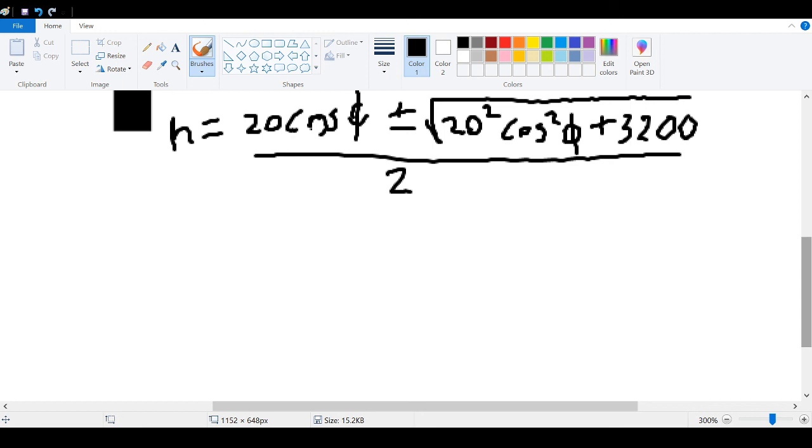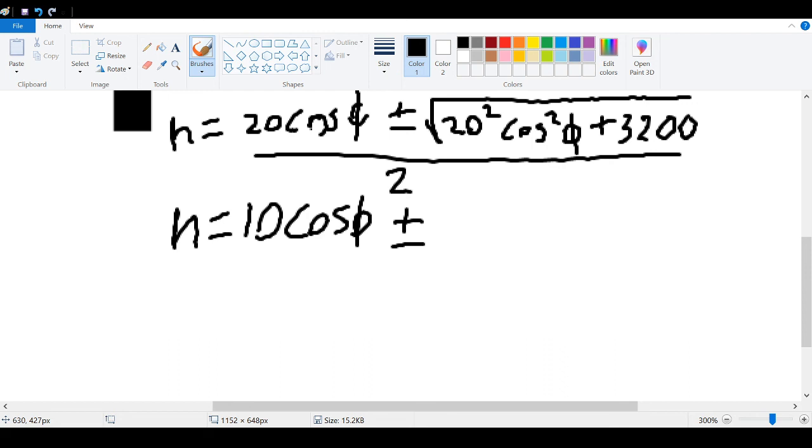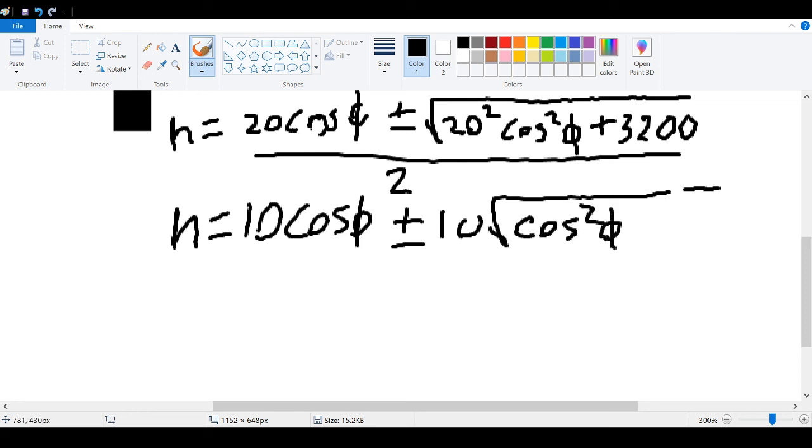Once we clean up this equation, we get the following: h is equal to 10 cosine phi plus or minus 10 square root of cosine squared phi plus 8.